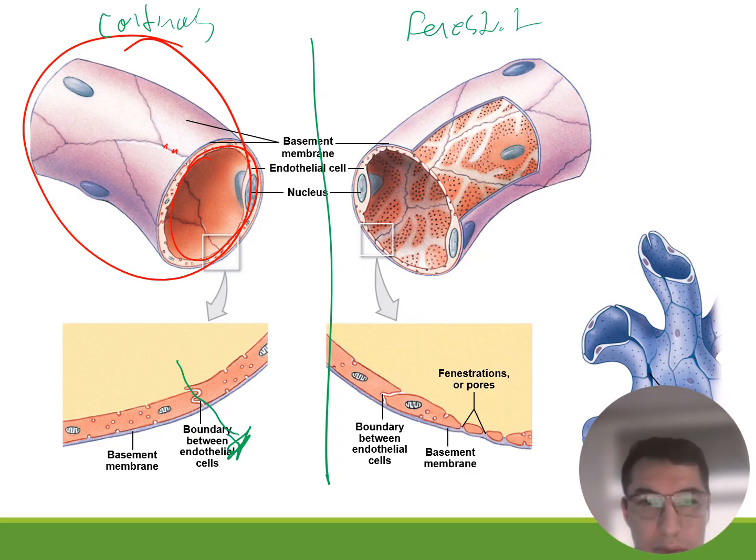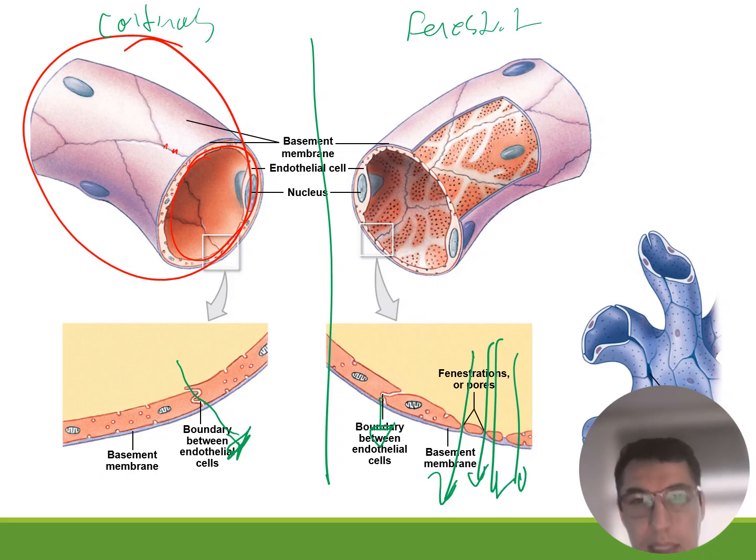We also have clefts, we have tight junctions, but now we have pores in between. You can see that they're about the same size, and this allows rapid exchange. You know the organs, and those are kidneys. What is another one? GI. And what is another one? I'll let you write that one down.